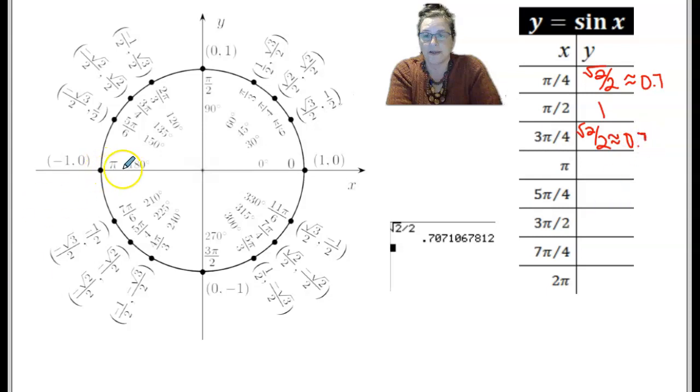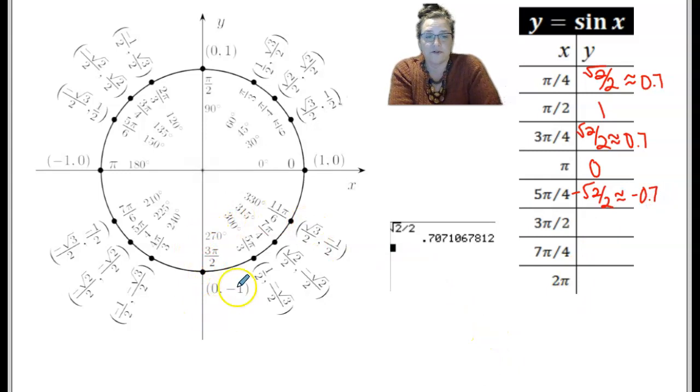Then at pi, that's the negative x-axis. The sine, the y-coordinate, is 0. At 5 pi over 4, now our sine is negative because we're in quadrant 3. So that's a negative square root of 2 over 2, or approximately negative 0.7.